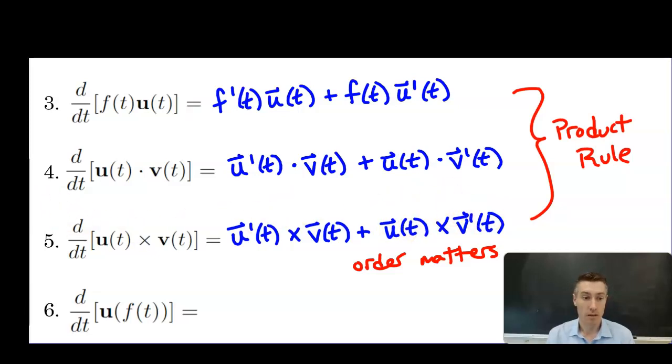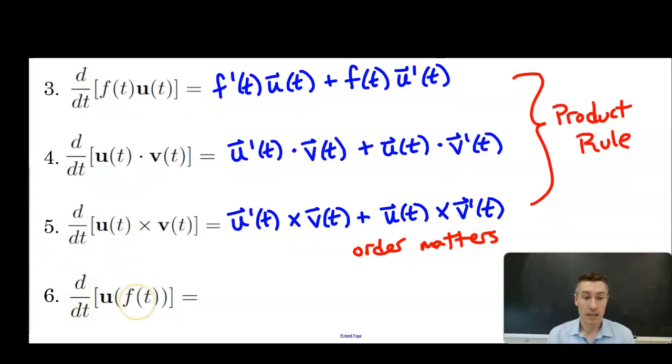And then 6, if we take the derivative with respect to t of u of f of t, so now we have a composition, scalar function inside of a vector function, we use the same chain rule. So derivative of the vector function, the scalar function stays the same, and then times the derivative of that scalar function.